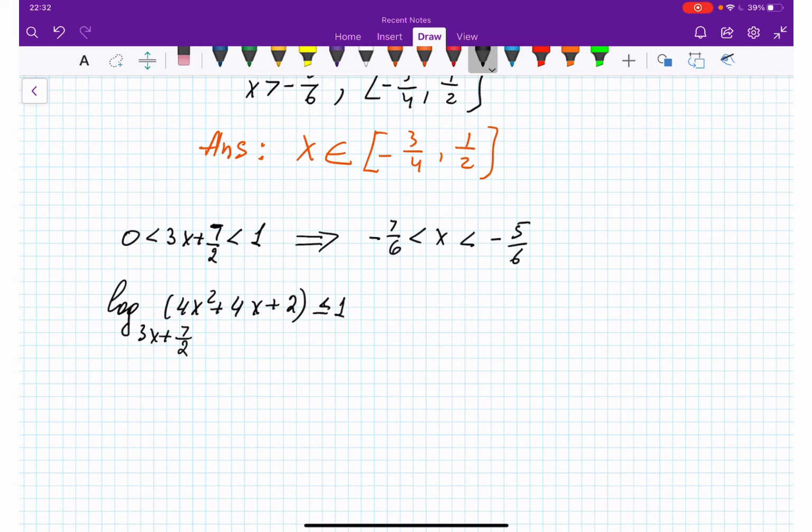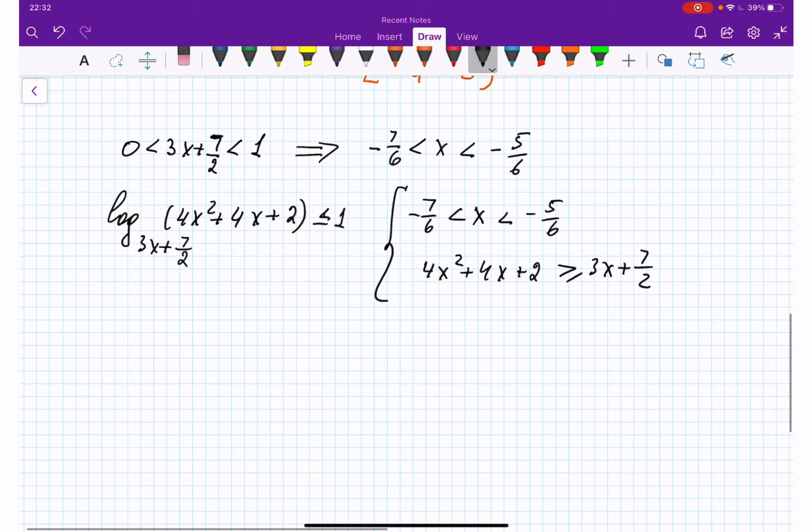And this is going to be with the condition x greater than negative 7 over 6 and less than negative 5 over 6. And the second condition, this time we are taking 4x squared plus 4x plus 2 greater or equal 3x plus 7 over 2.